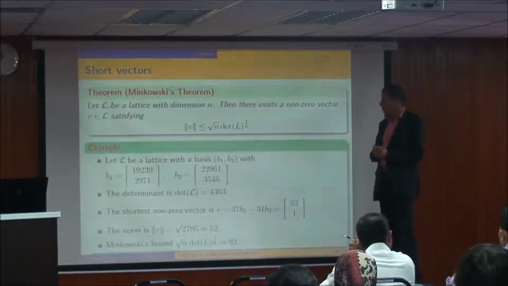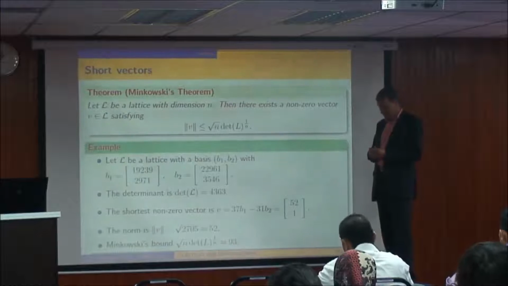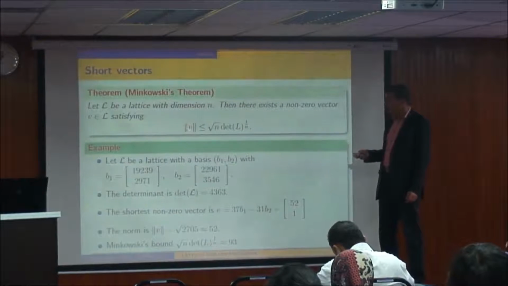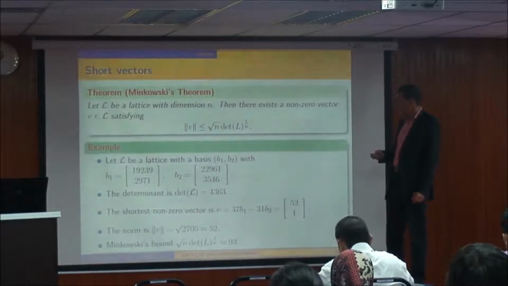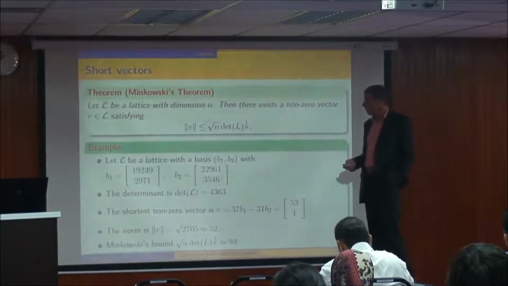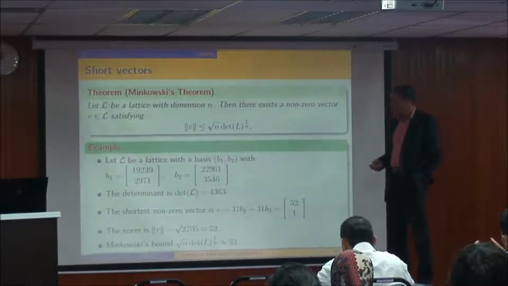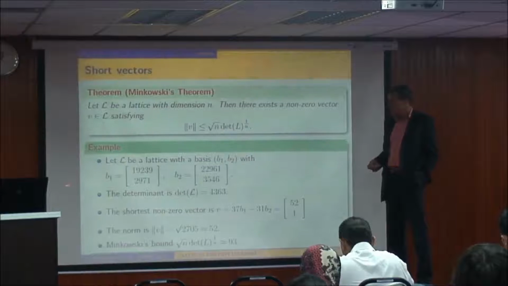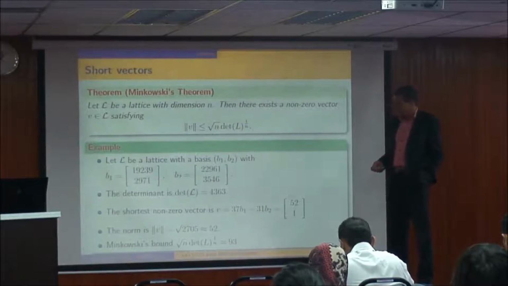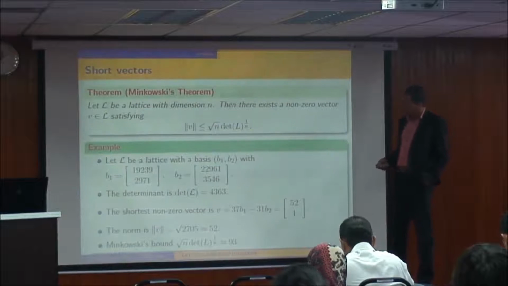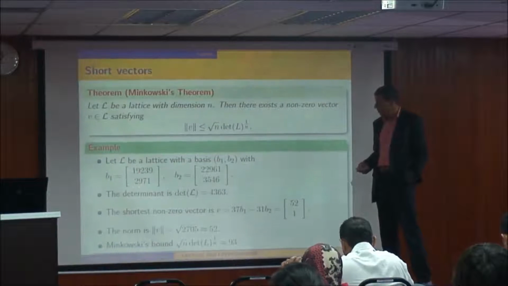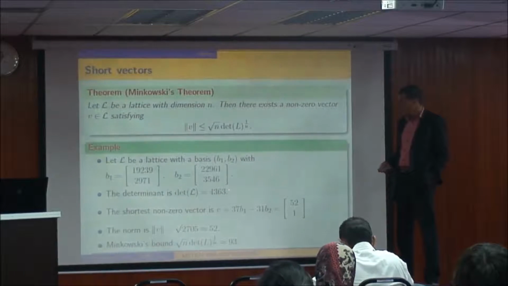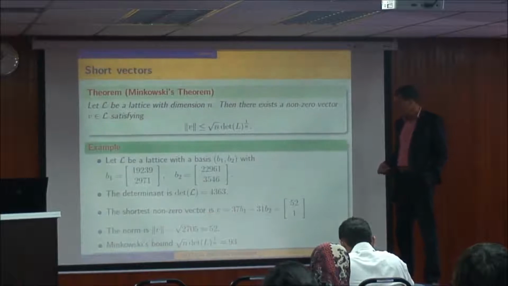And this theorem shows that in fact every lattice has a very short vector, short such that the norm of the vector is less than this bound. For example, if we take a lattice in dimension 2 given by this basis B1 and B2, with quite large integers, then we can find that the determinant of the lattice is this one, and the shortest non-zero vector is v.